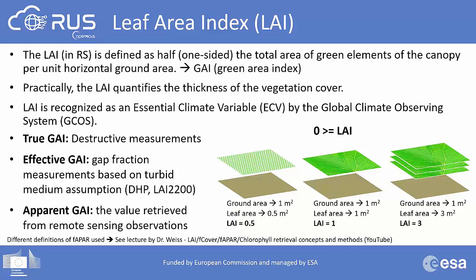However, these often reach saturation once the leaf area index gets above 3 or 4, meaning that canopies with a leaf area index of 4 and 8 can have almost identical values. Leaf area index is also recognized as an essential climate variable by the Global Climate Observing System.